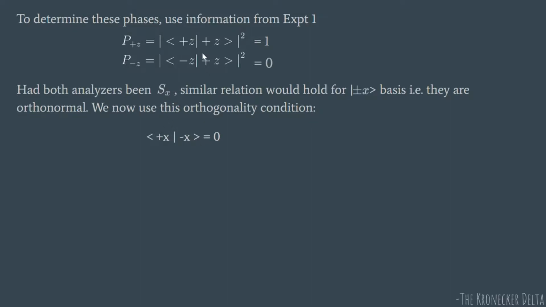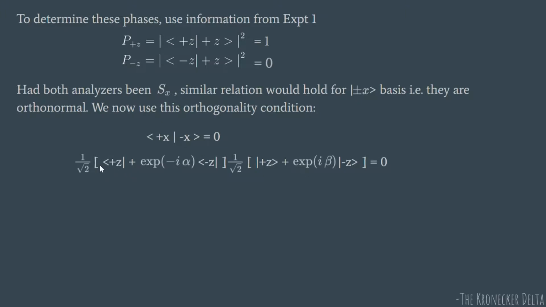Okay, so this condition implies that they are orthogonal. So we'll use the orthogonality condition for the SX states. We have not assumed that plus x and minus x are orthogonal; this comes from the results of experiment 1. Now we'll just plug in the values of plus x and minus x that we have.